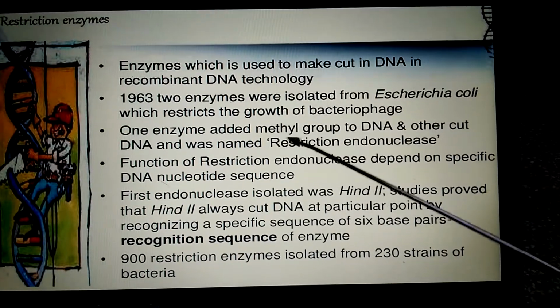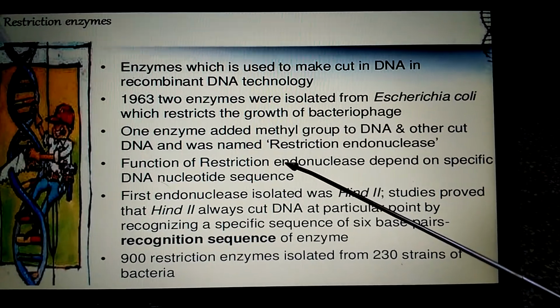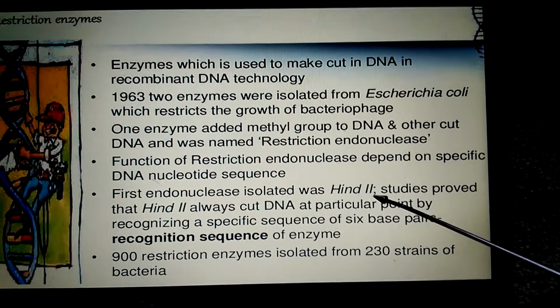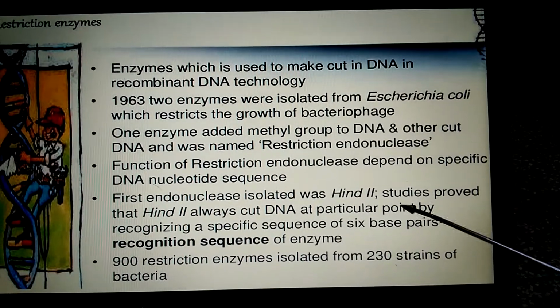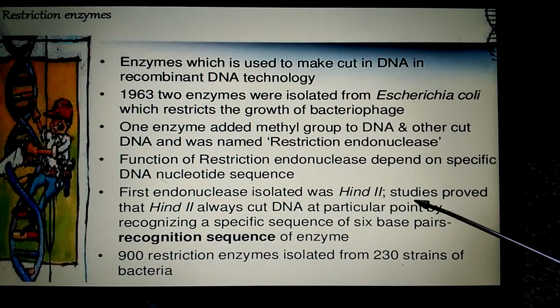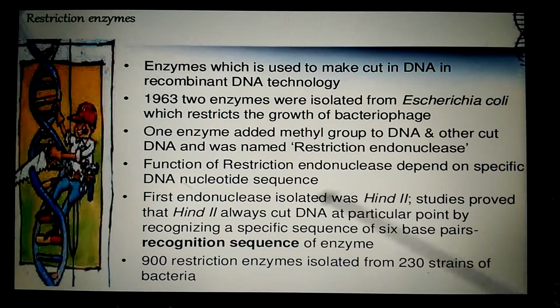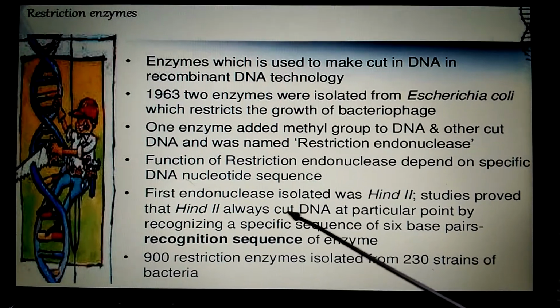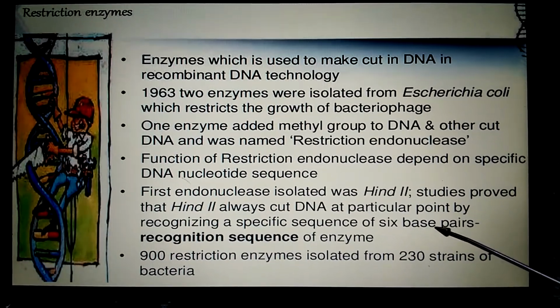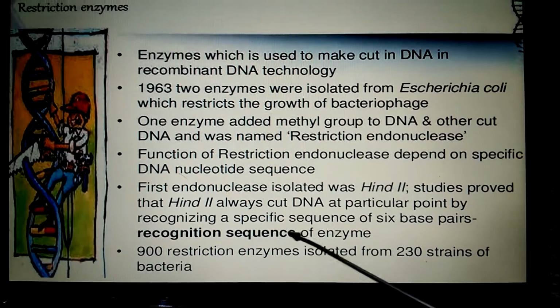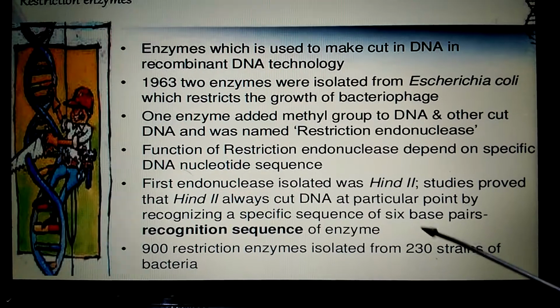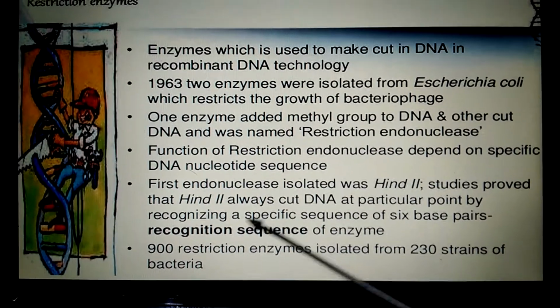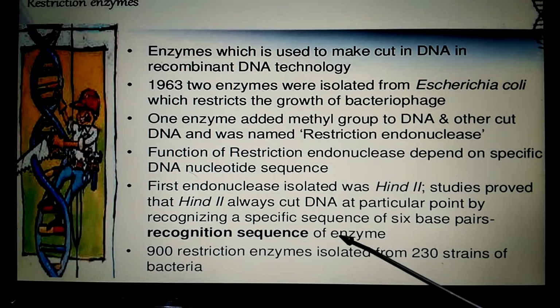Therefore, the first endonuclease isolated was HindII, which was studied and shown to always cut DNA at a particular point by recognizing a specific sequence of 6 base pairs, called the recognition sequence of the enzyme.